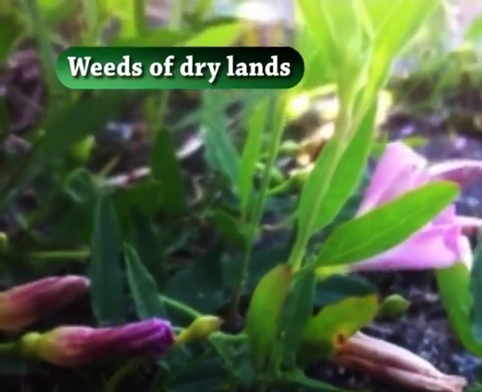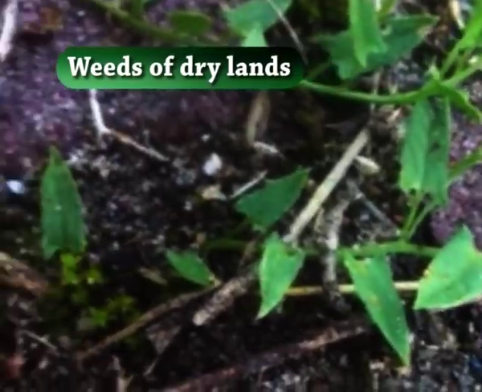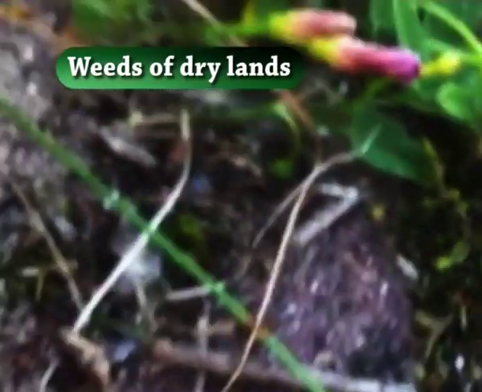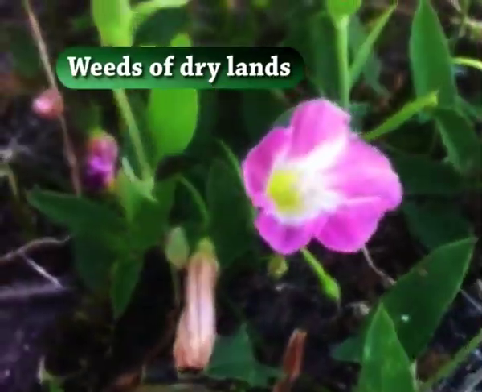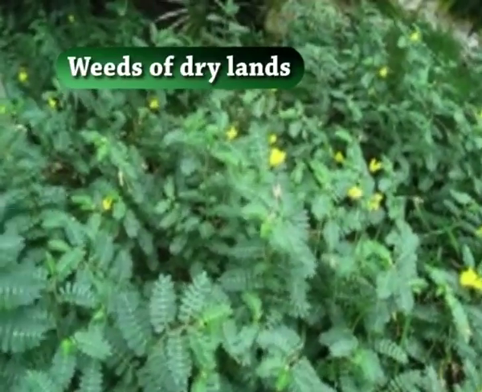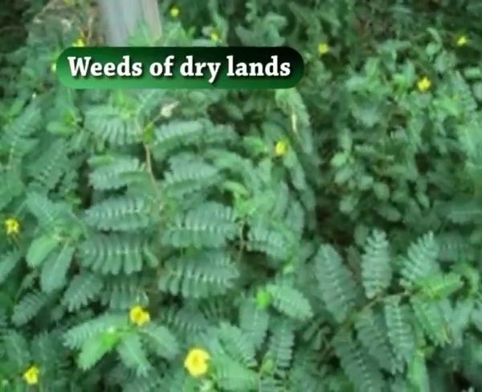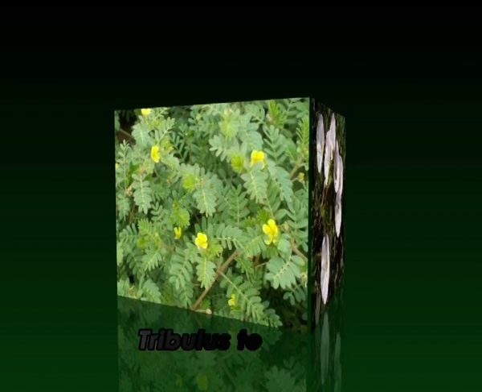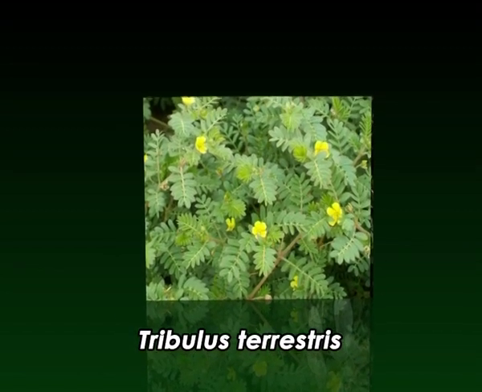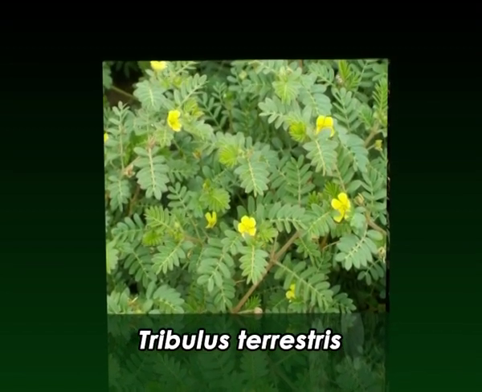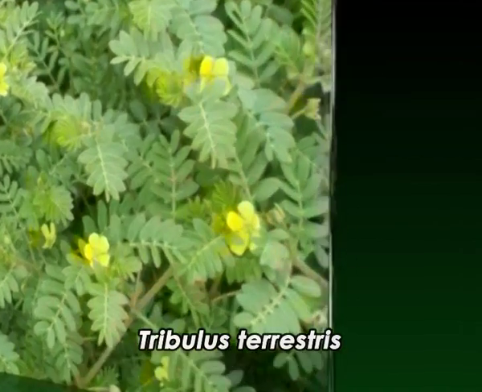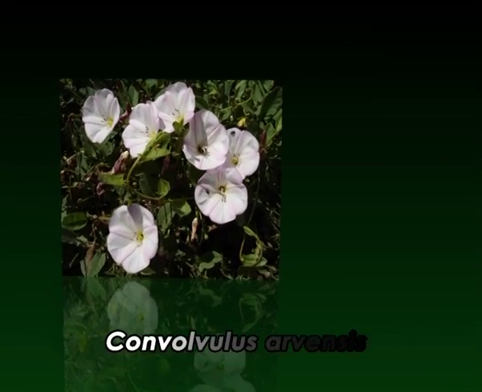ecological affinities. Weeds of drylands. These are usually hardy plants with deep root systems. They are adapted to withstand drought on account of the mucilaginous nature of the stem and hairiness. Examples are Tribulus terrestris and Convolvulus arvensis.